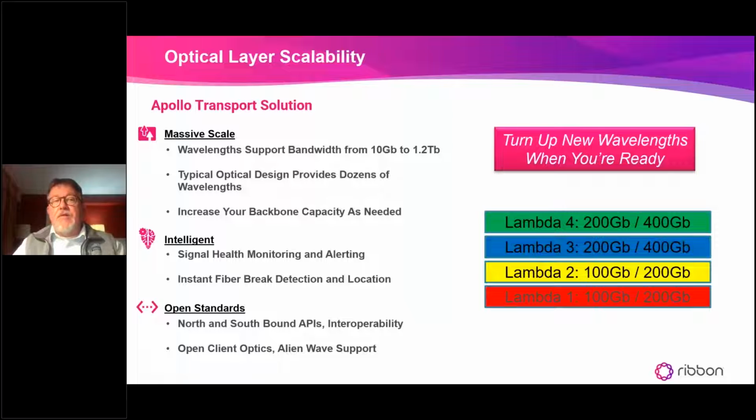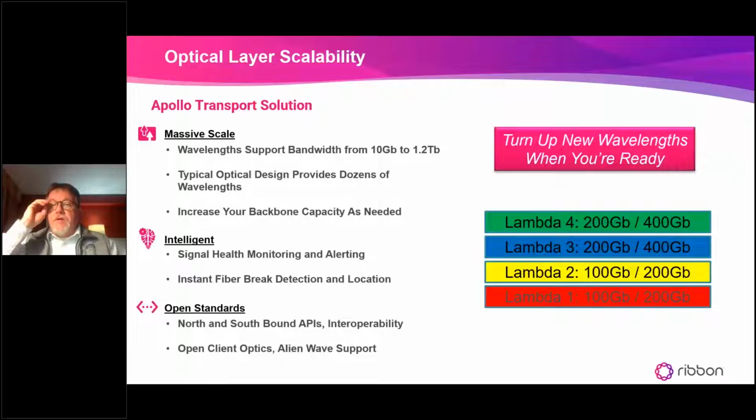By the same token, if we're sending a DWDM wave to that third-party solution, then they would consider us an alien. So it's just an industry term talking about a wavelength that comes from outside this vendor's equipment.